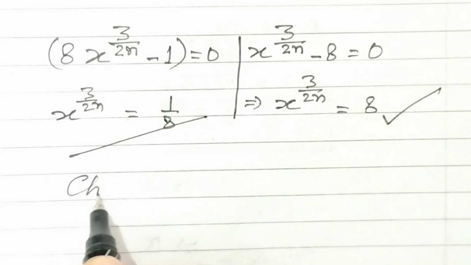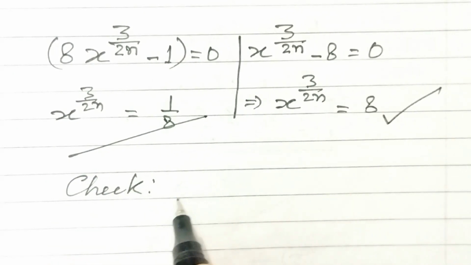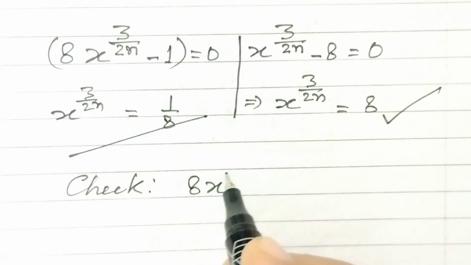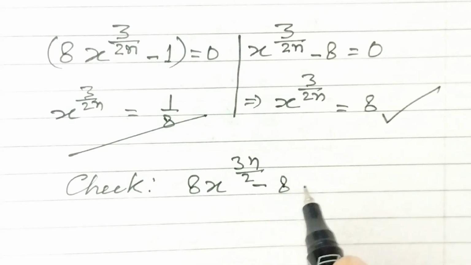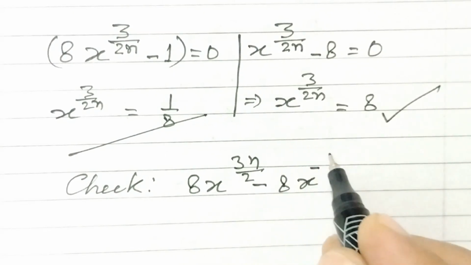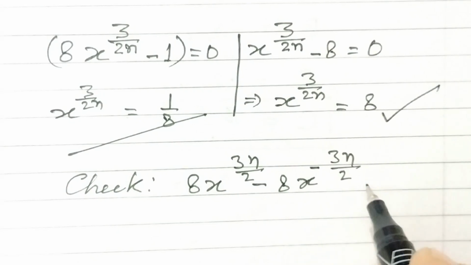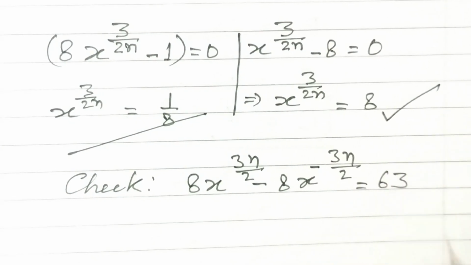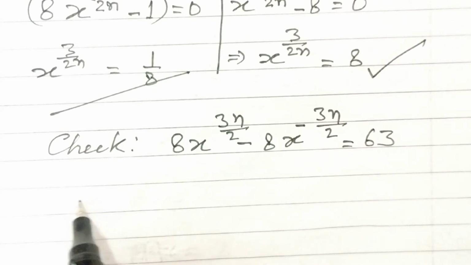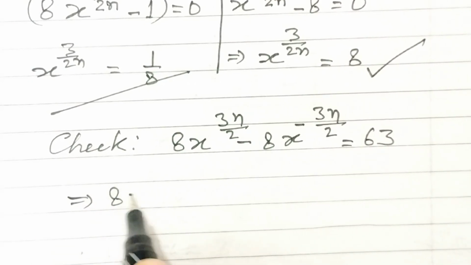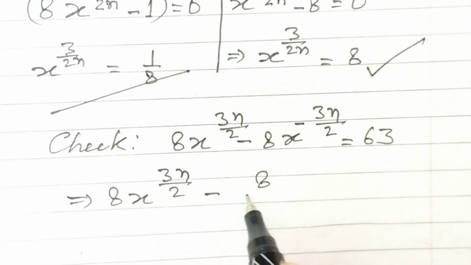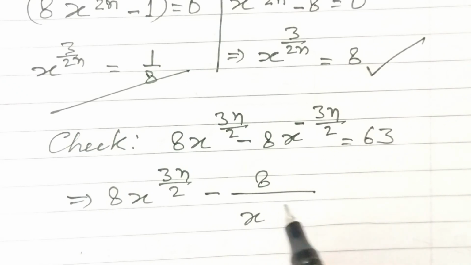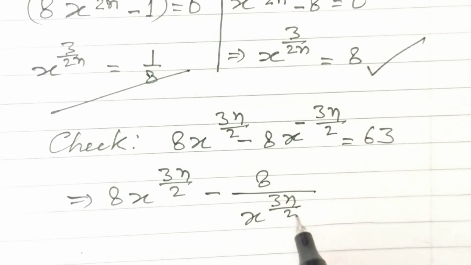Now check: 8x^(3n/2) minus 8x^(-3n/2) is equal to 63. So 8x^(3n/2) minus 8 over x^(3n/2) is equal to 63.